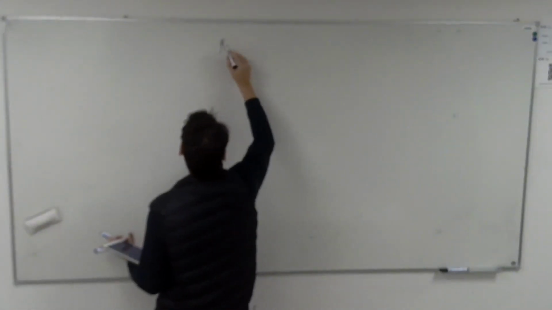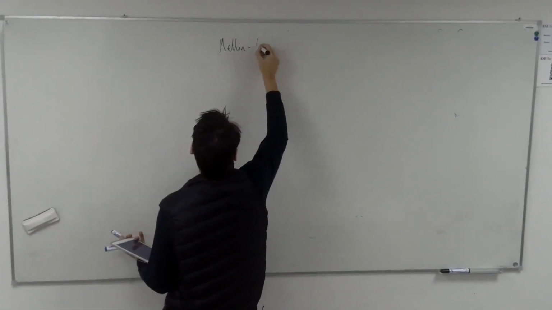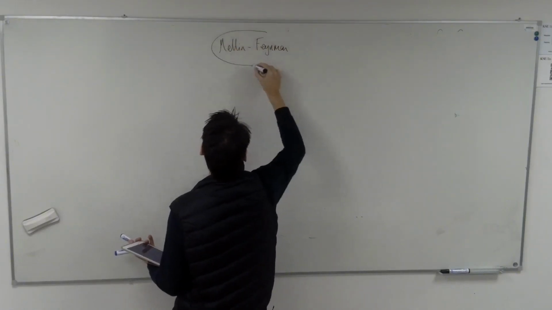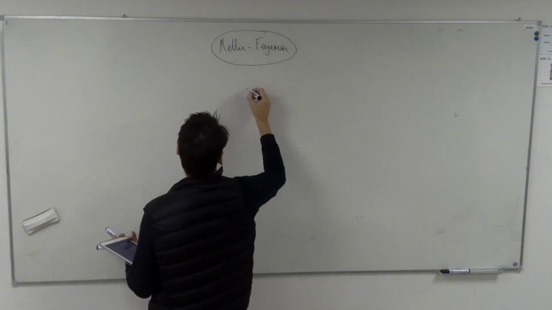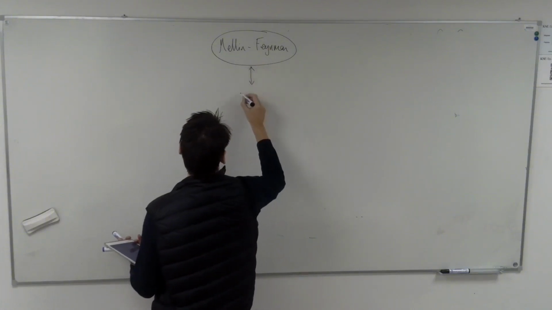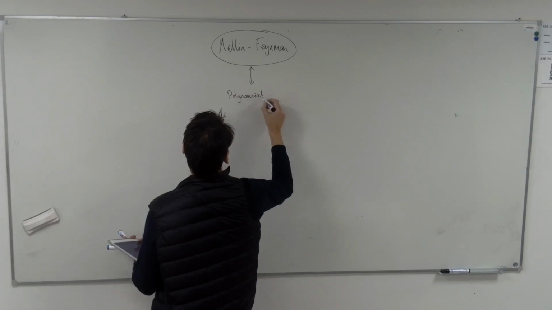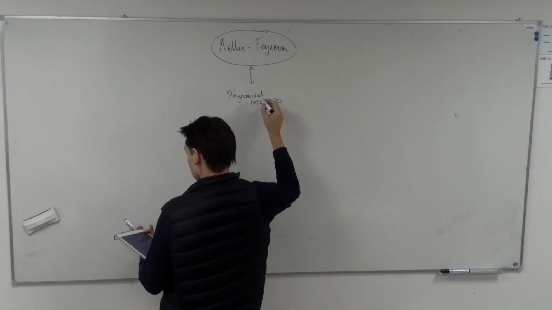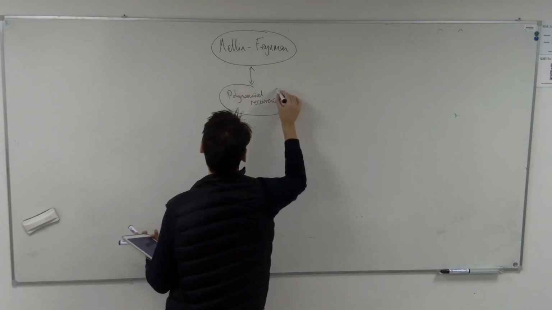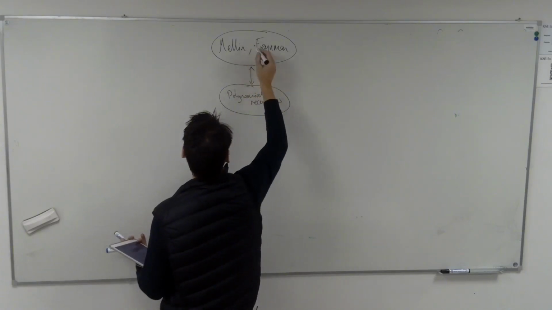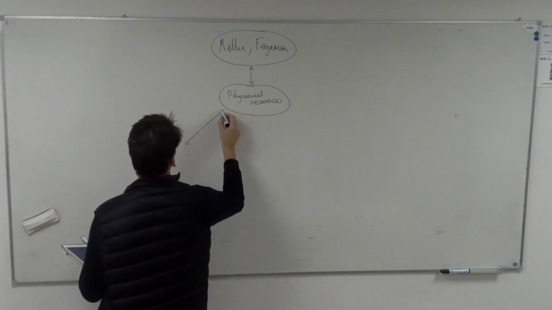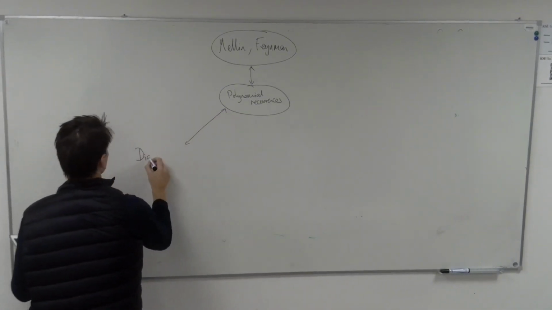We have Mellin-Feynman integrals up here, and these are related to polynomial recurrences. From the polynomial recurrences, we saw how they were related to diagonal sequences.